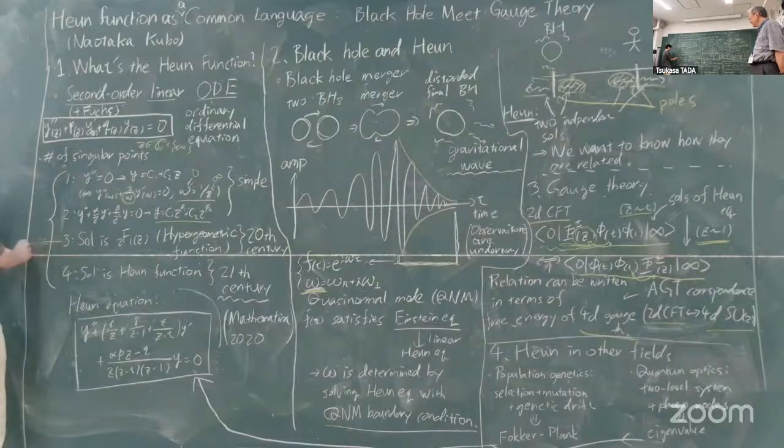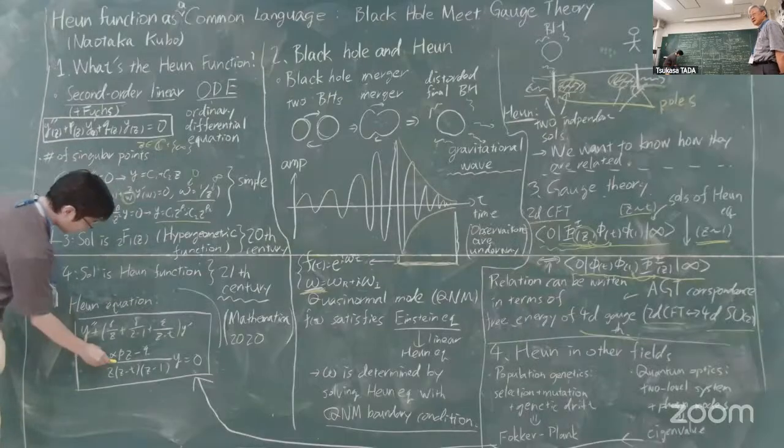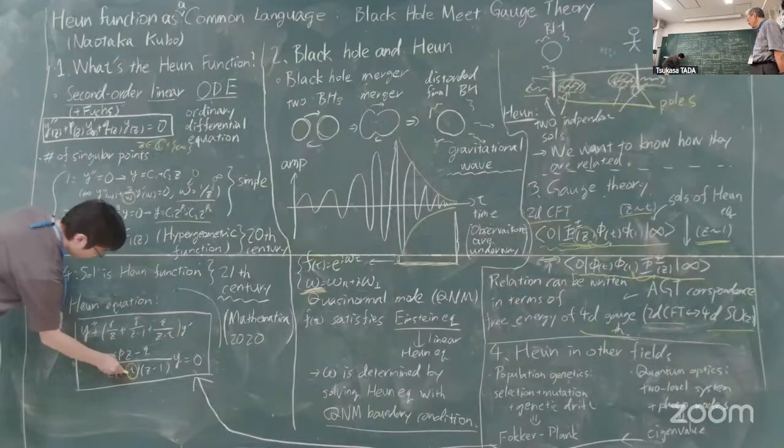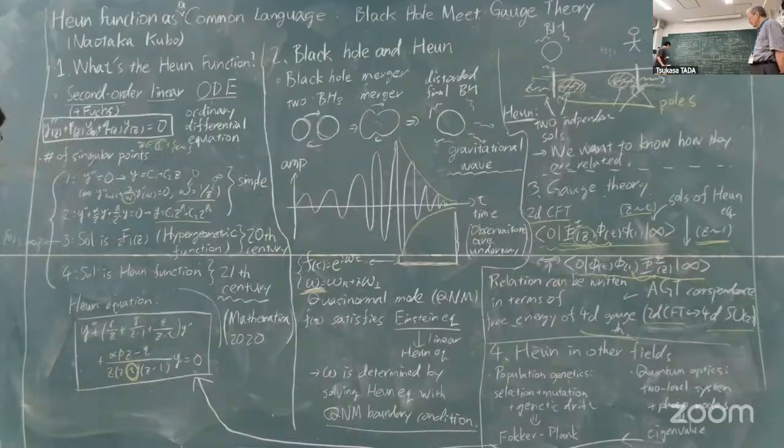For this case we put three poles at, for example, 0, 1, infinity. But in this case, there must be a moving pole, and I think it drastically changes or makes it difficult to study the differential equations.